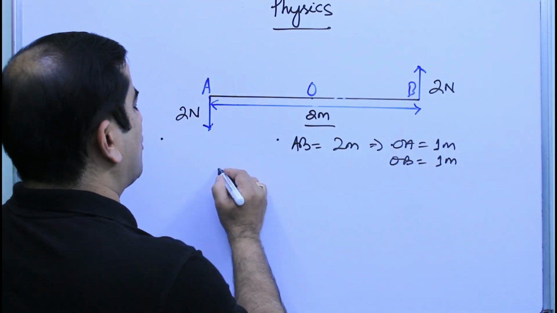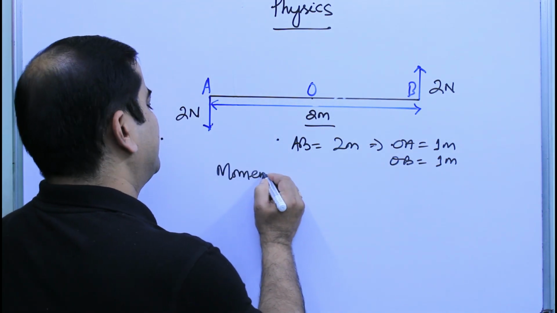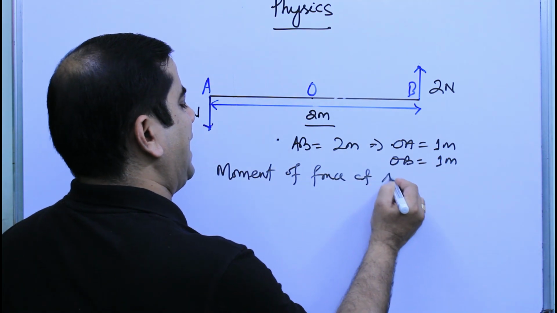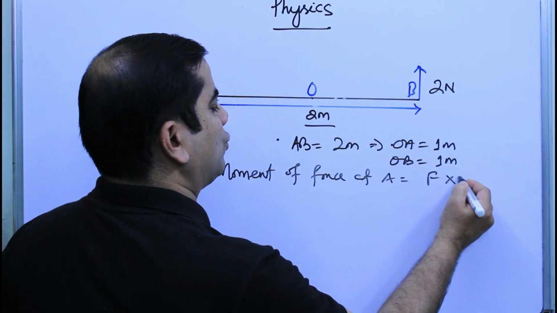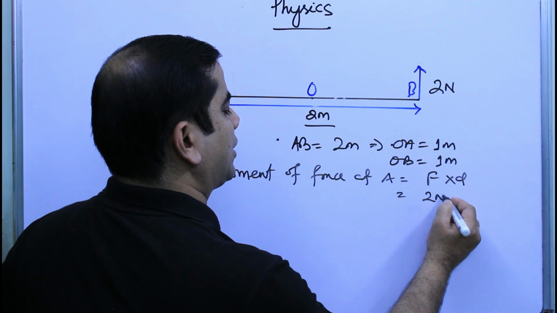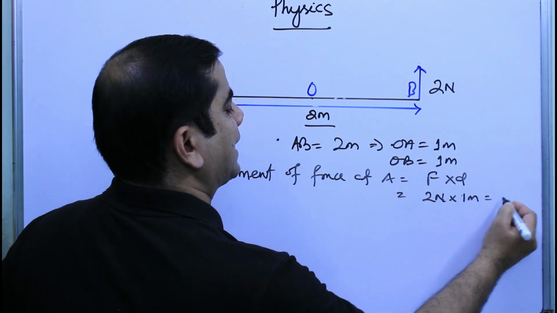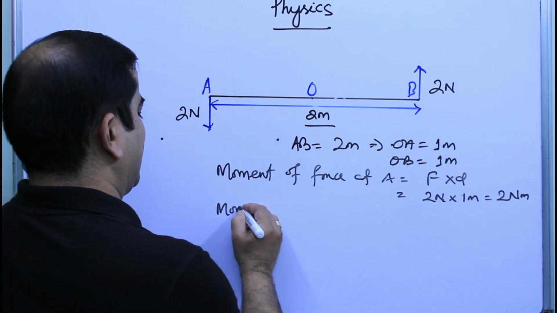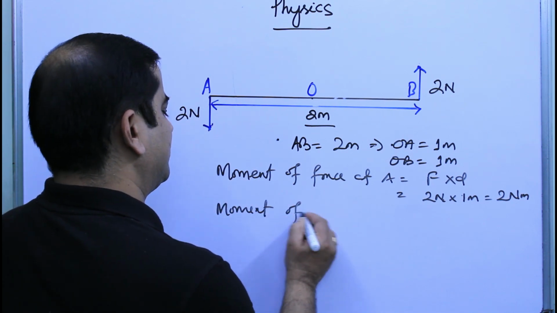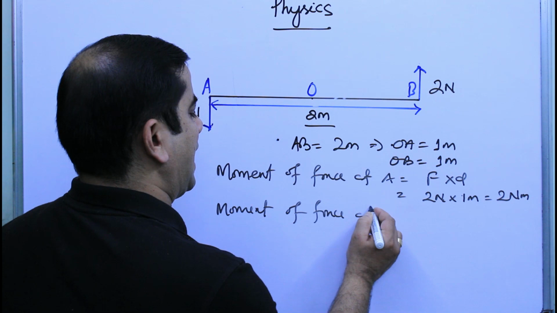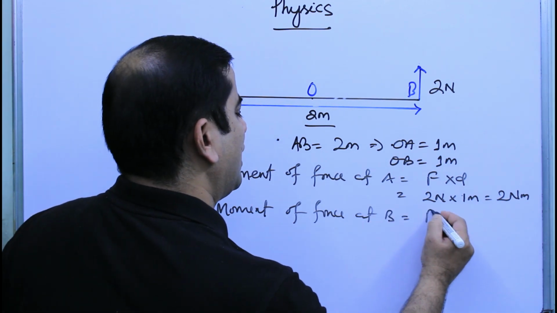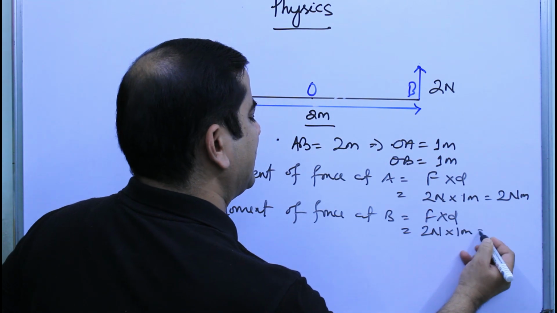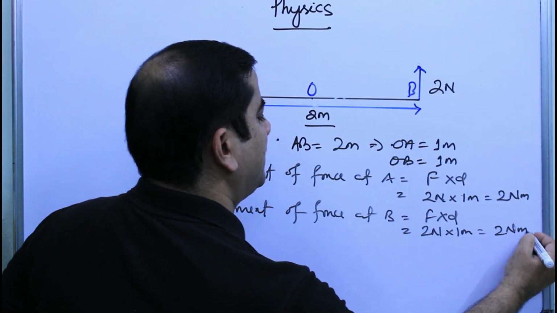So what should be the moment of force at A? Moment of force at A is equal to F into D. So that is 2 Newton into 1 meter, that is 2 Newton meter. And moment of force at B is equal to F into D, that is again 2 Newton into 1 meter, that is 2 Newton meter.